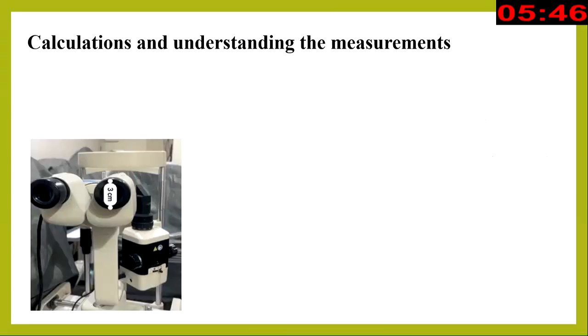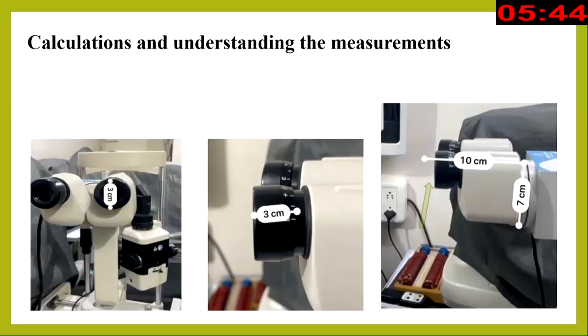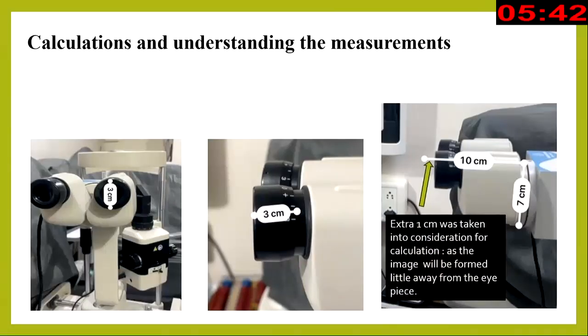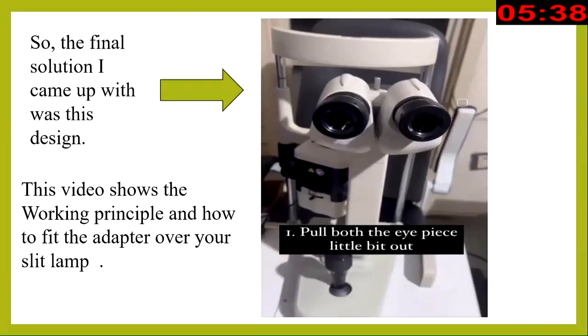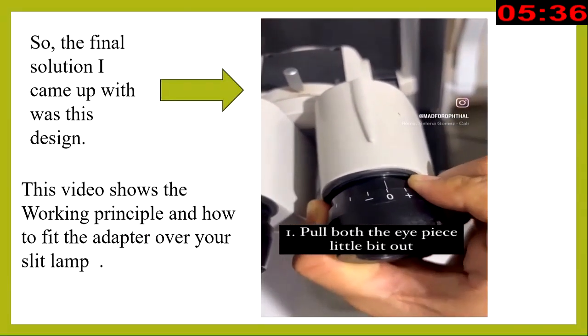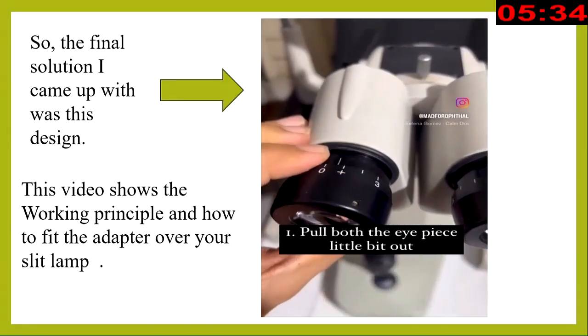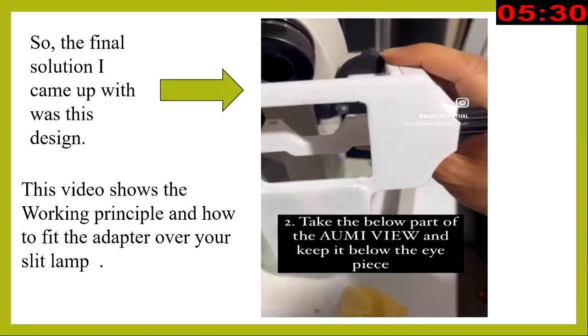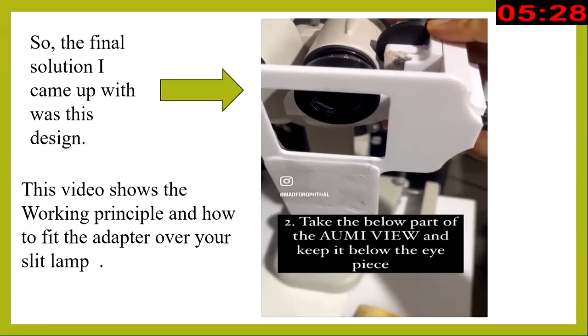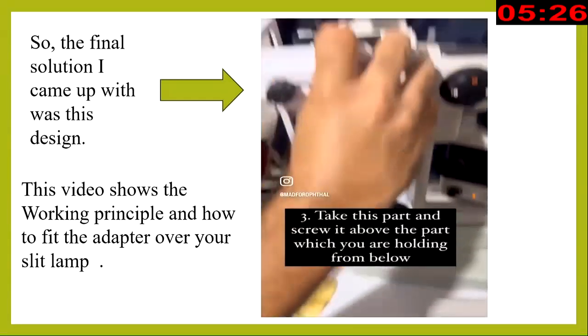After a few calculations and measurements, I came up with a design of the adapter, which is this one, in which you just pull the eyepiece a little bit out and place the adapter below the eyepiece. It can be fitted with just 2 screws.